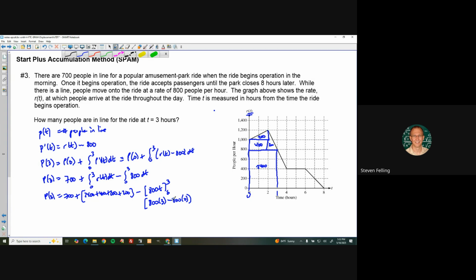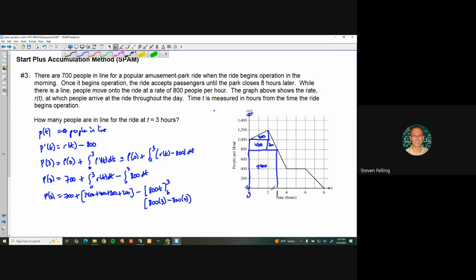Let's see, my notes say 1900, but my calculator right now says 1500. So let me see what the discrepancy is there. So it's in the area calculated here. So this is 800 times 3.